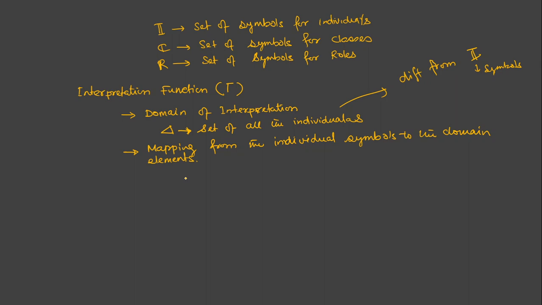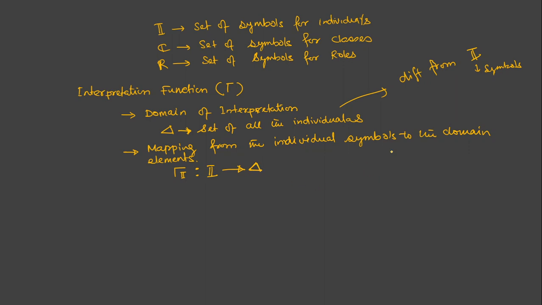So let us represent that part of this mapping function, which is your big gamma I. So this gamma I, what does it do? It basically takes as input one individual symbol and maps it to one element in delta.